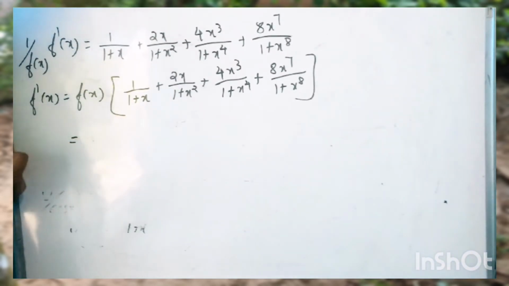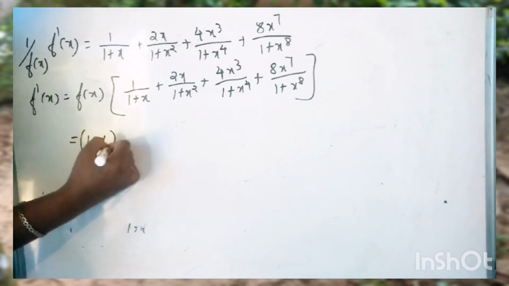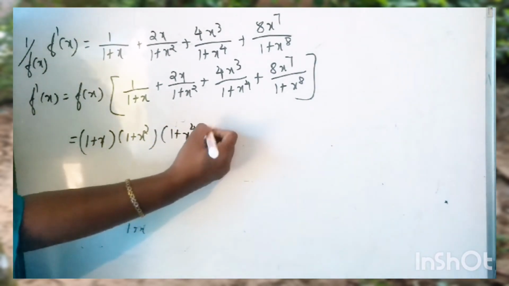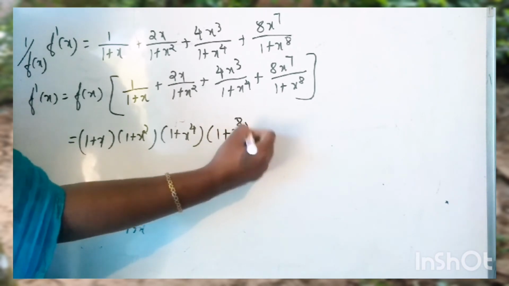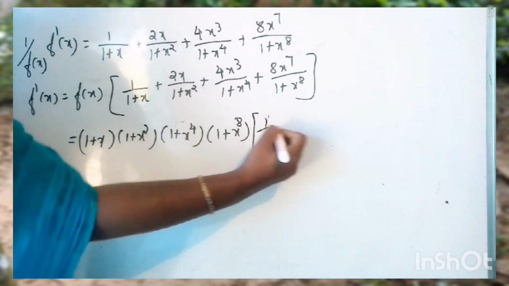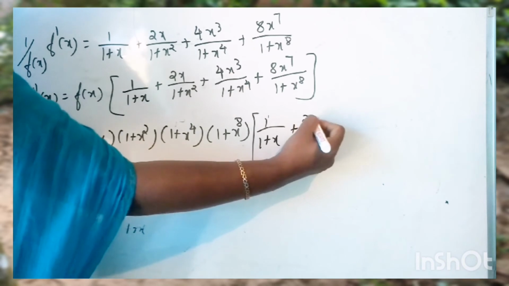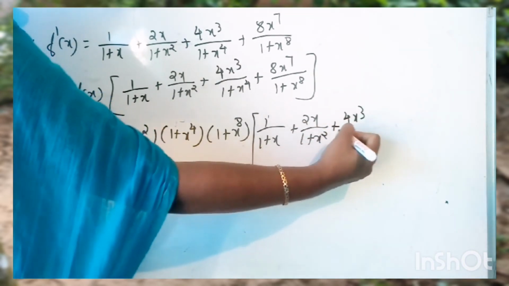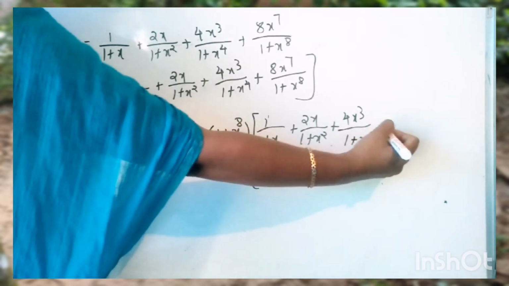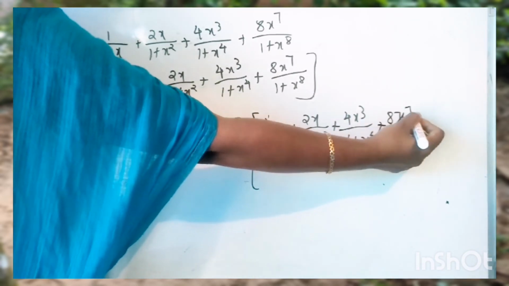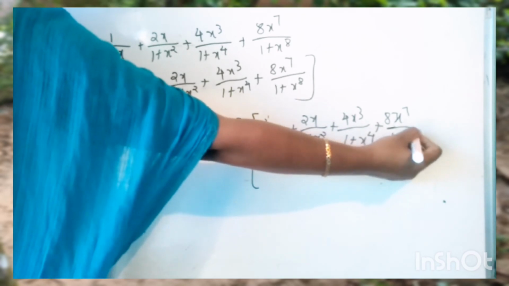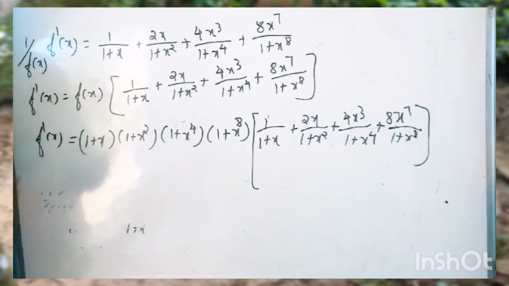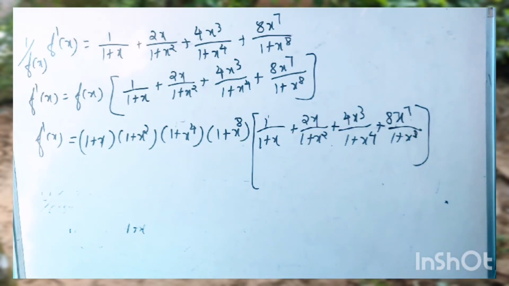This is equal to 1 plus x into 1 plus x square into 1 plus x raised to 4 into 1 plus x raised to 8 into that same bracket. This is our f dash of x. Okay, so the first part of this question is over.